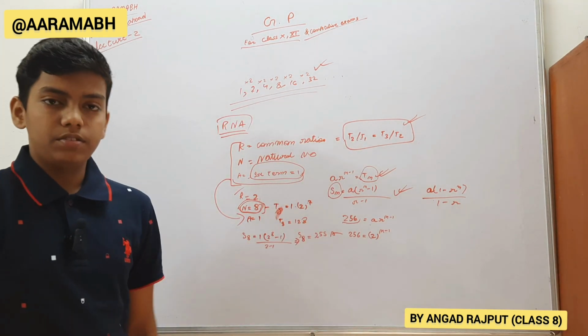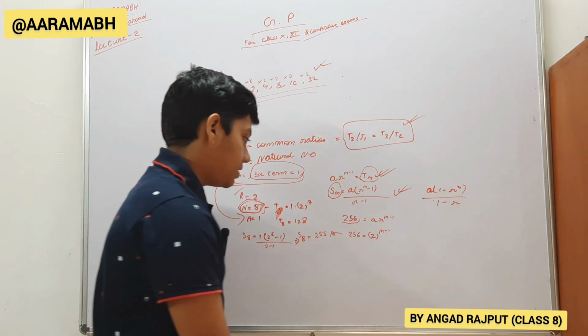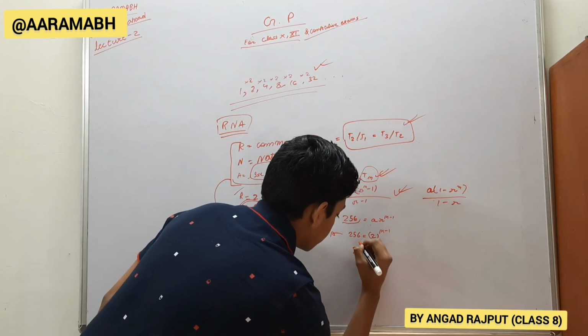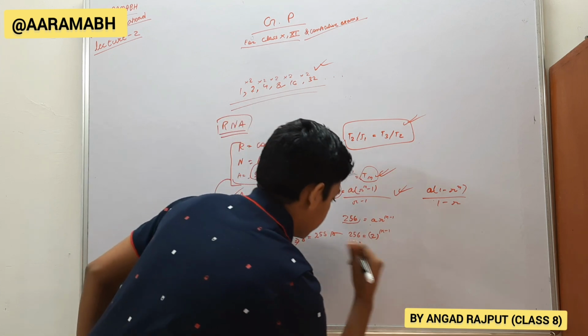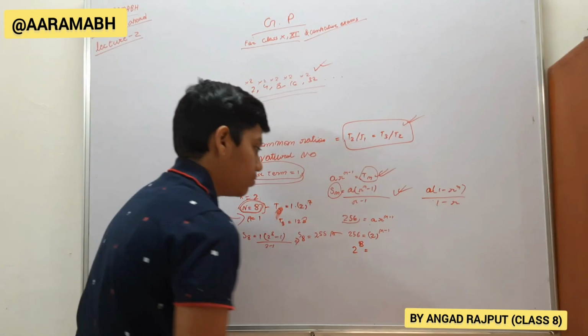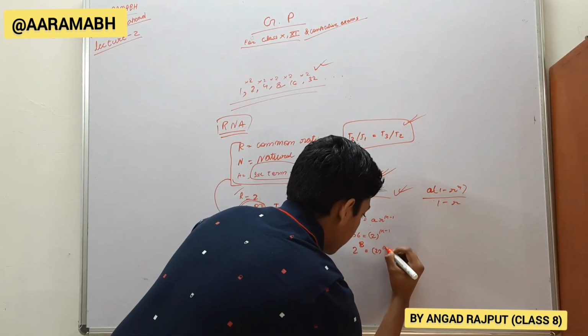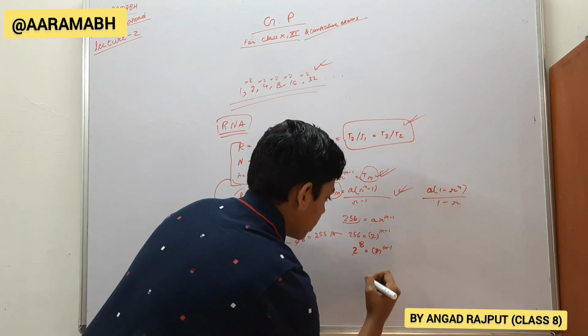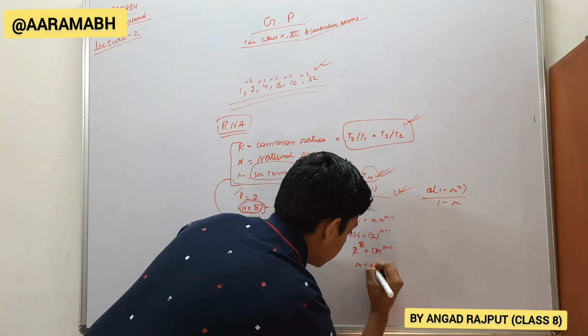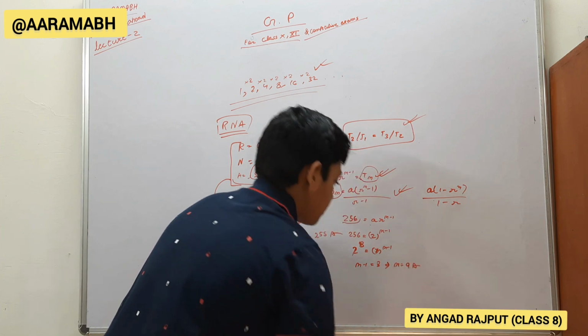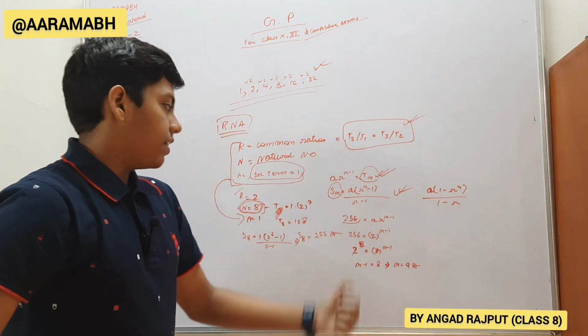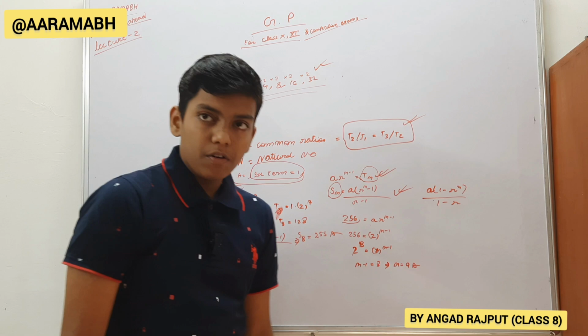Now what's 256? 256 is 2 to the power 8. So 2 to the power n minus 1 equals 2 to the power 8, so this will get cancelled. n minus 1 equals 8, which will give us 9. Hence 256 is the ninth term of the series.